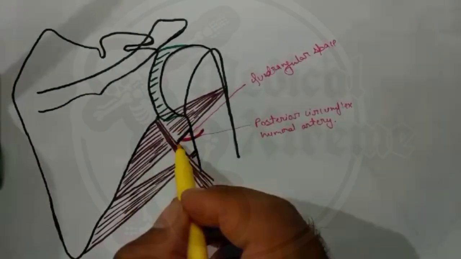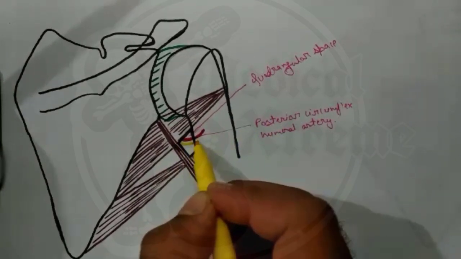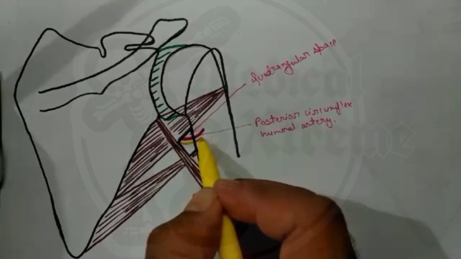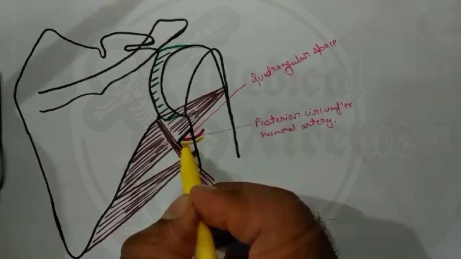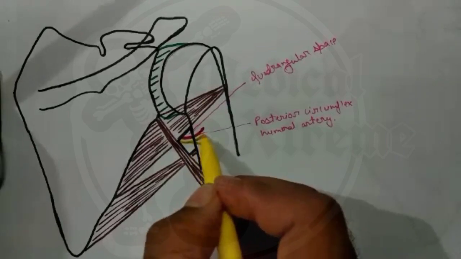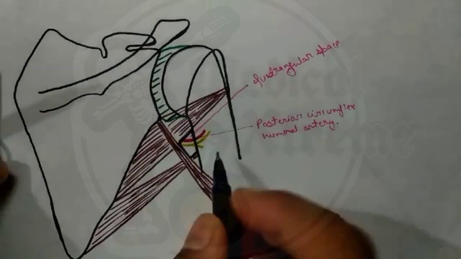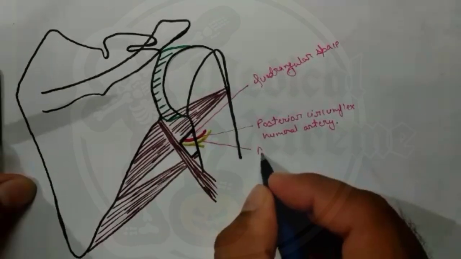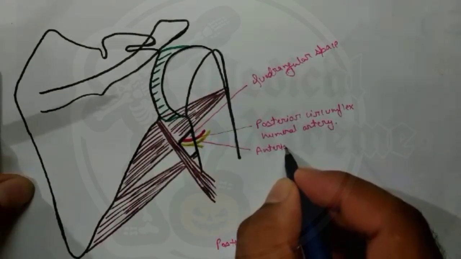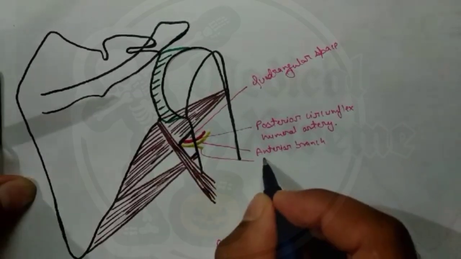In quadrangular space, nerve is accompanied with this posterior circumflex humeral artery, and here only nerve divides into two branches, anterior and posterior. This is the anterior branch. And this is posterior branch.